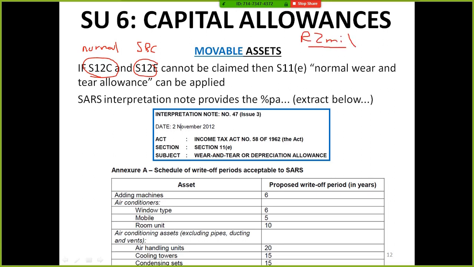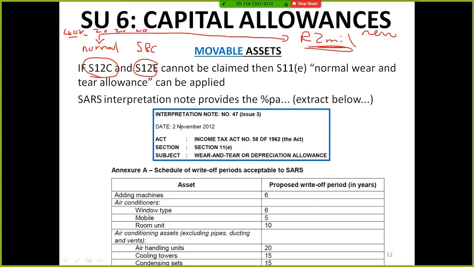Business number one, normal. How are they going to write off the new asset? If it's new, I'm going to write it off 40, 20, 20, 20. You remember that? Yes. So if I'm writing off 40% in the first year, then 20, 20, 20 in the later years, obviously I'm going to get to a stage where I've written off the whole 2 million. Does that make sense? Yes.